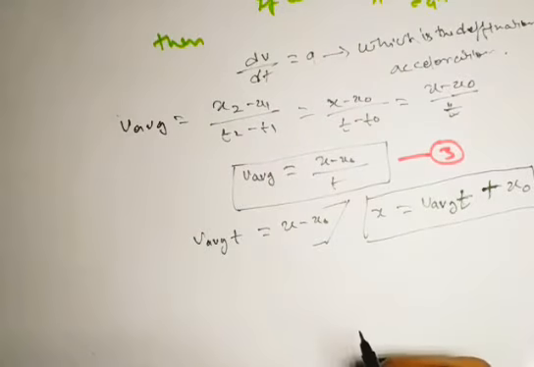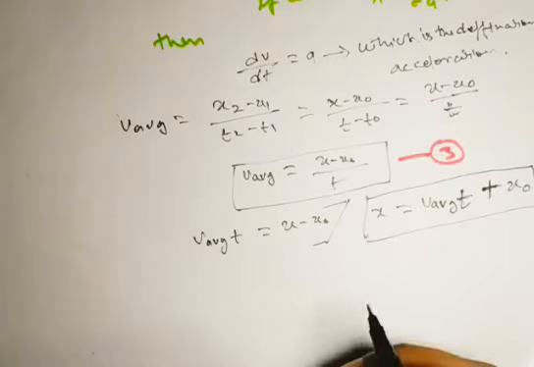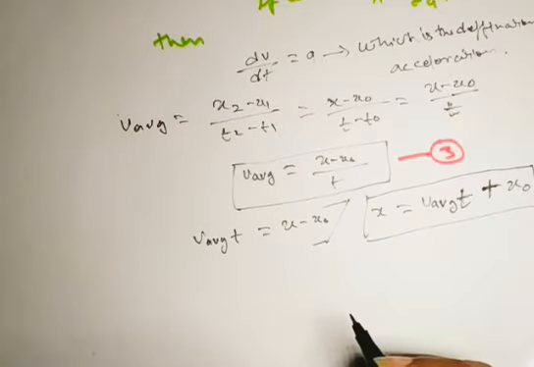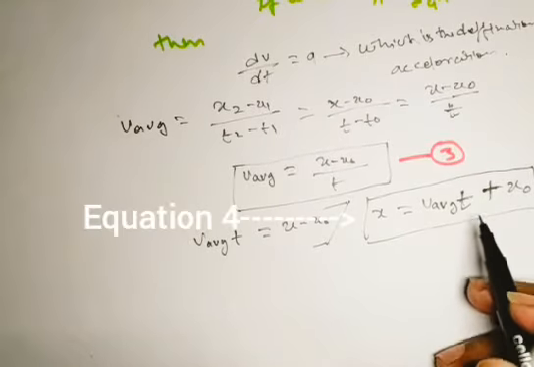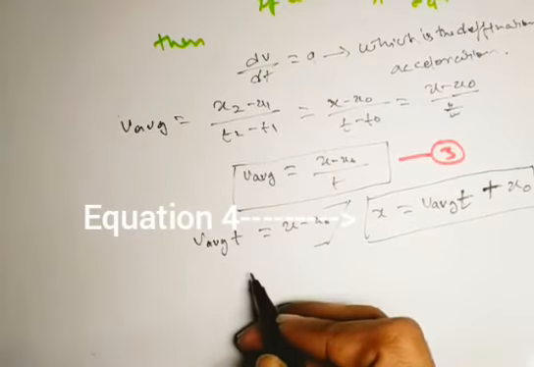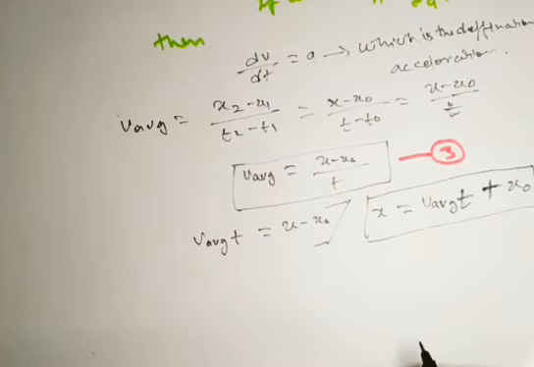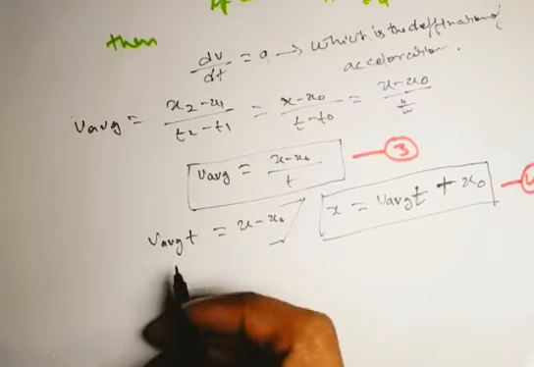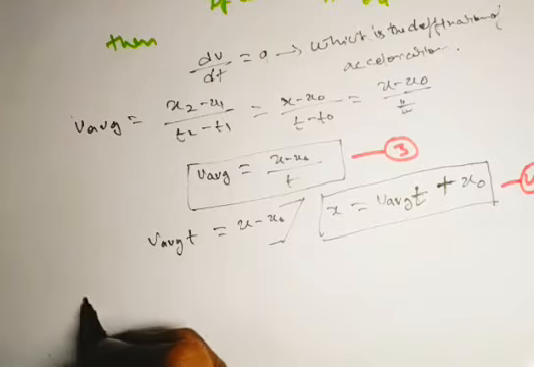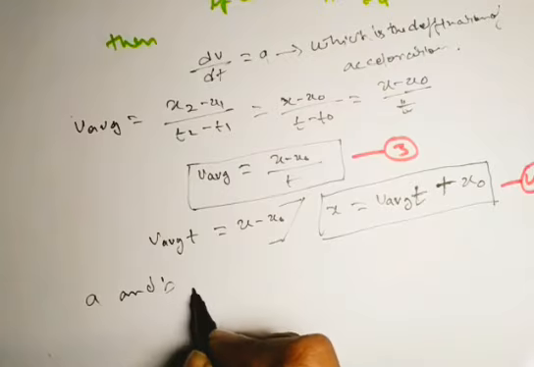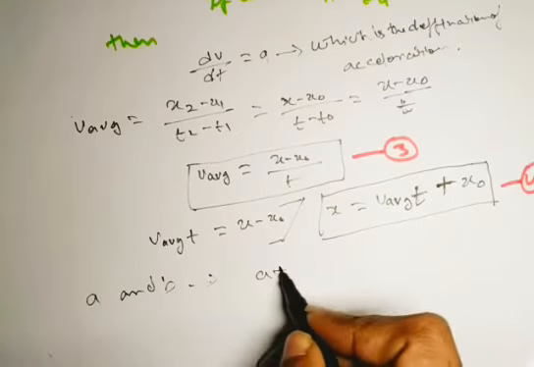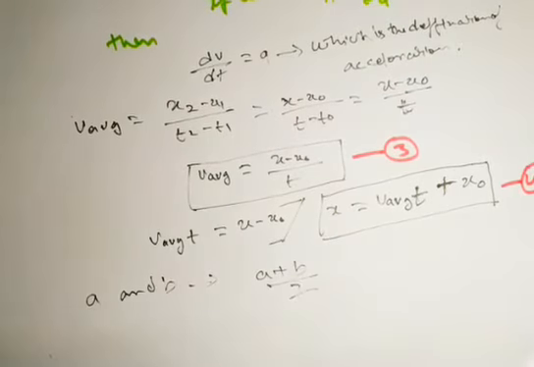Now if we are considering average velocity, let us talk about the normal average. If there are two components a and b, then the average will be a plus b upon 2.